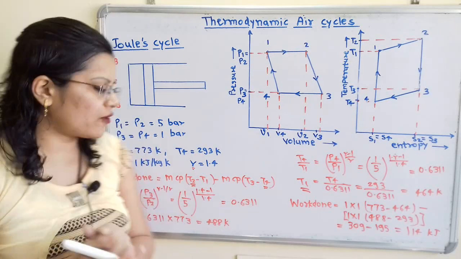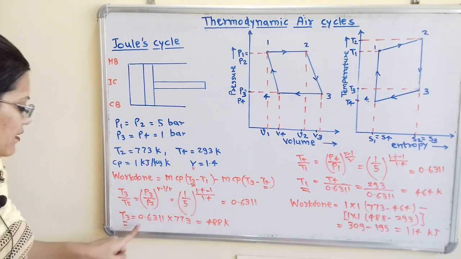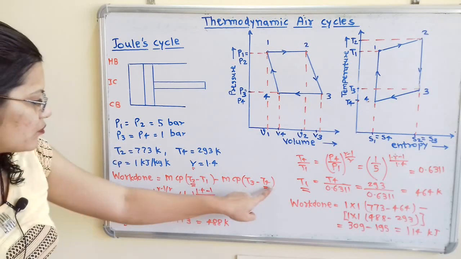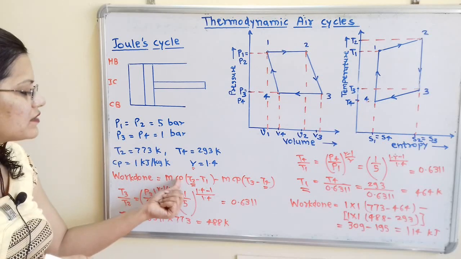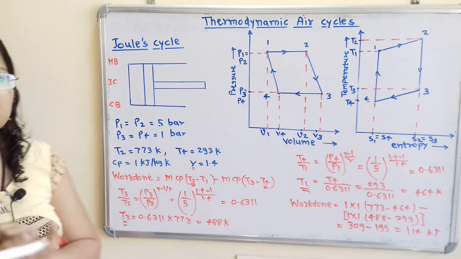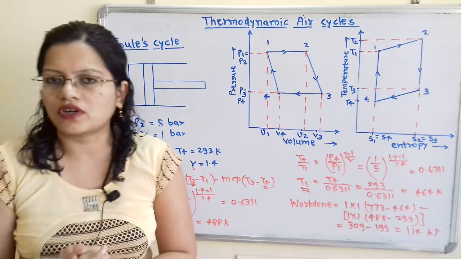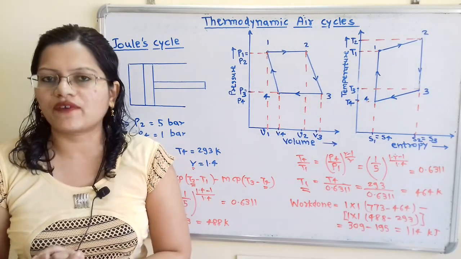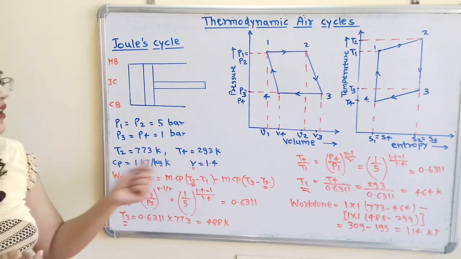In this way, we have T1 as well as T3. Now it is easy for us to put the values of T1 and T3 in this formula and calculate. If we observe, m and Cp are common terms, so we can take them common. What is the value of m? Mass of air is not given, so we take it as 1 kilogram, because specific heat is given in kilojoule per kilogram Kelvin.